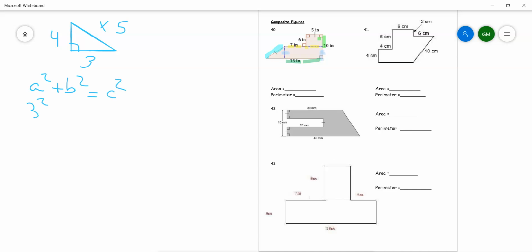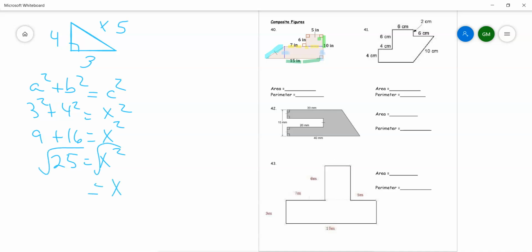So therefore 3 squared plus 4 squared would be equal to x squared. 3 squared is 9, 4 squared is 16, 9 plus 16 is 25, and the square root of 25 is 5, at least for distance. We don't care about the negative square roots in geometry for this portion, because we're not doing negative distances, so don't worry about that. So this side length is 5.